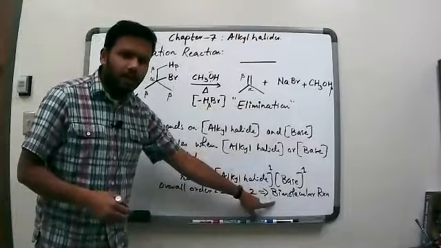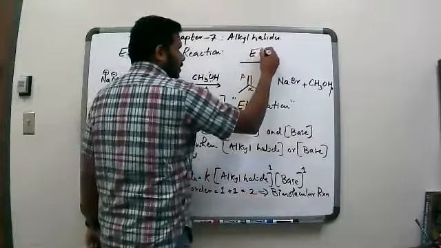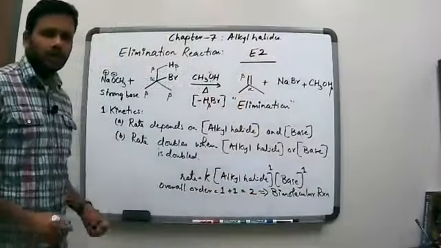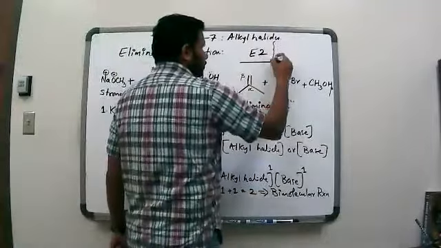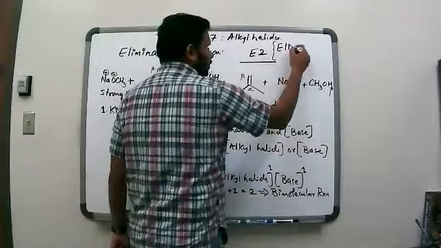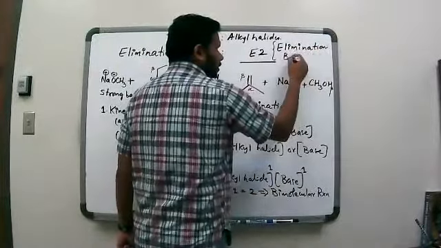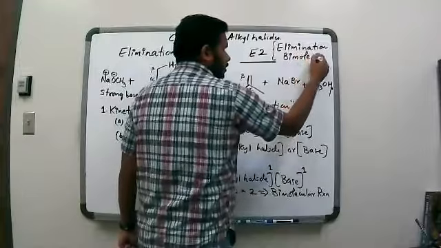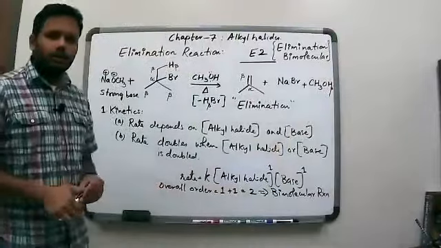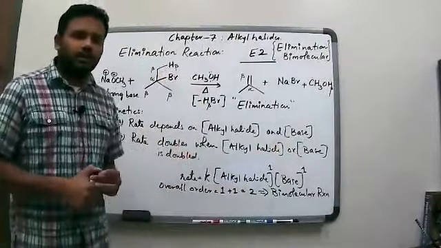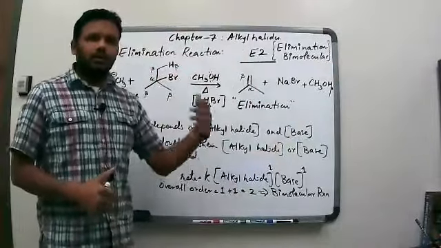And it's a bimolecular reaction. So this reaction that we're talking about is an E2 reaction. We call it an E2 reaction, which stands for elimination bimolecular. Now we don't usually call it elimination bimolecular, we'll call it bimolecular elimination, but E2 is how we will address it.